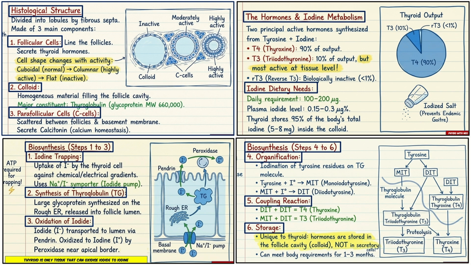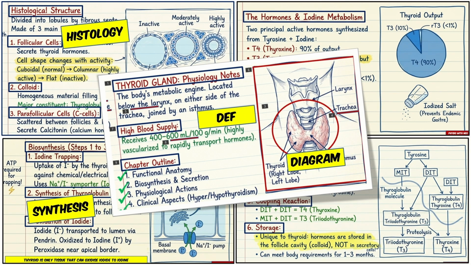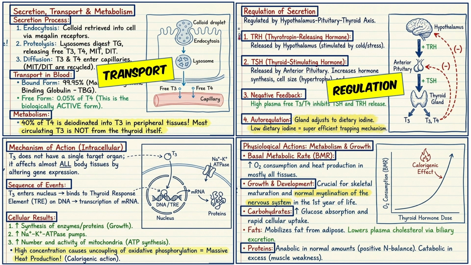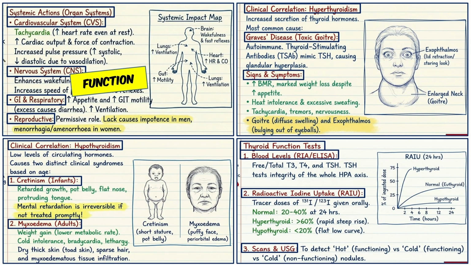Congratulations, we have finished the complete 10 marks answer on thyroid hormone. Before you enter the examination hall, remember this answer sequence. We started with the definition of the thyroid hormone, then the diagram of the thyroid gland. We saw the histology, then the synthesis of thyroid hormone, then the storage of thyroid hormone. Then the transport, the regulation of secretion, then mechanism of action at the intracellular level, then various physiological actions on metabolism and growth, their various functions on different systems, and the clinical correlation.